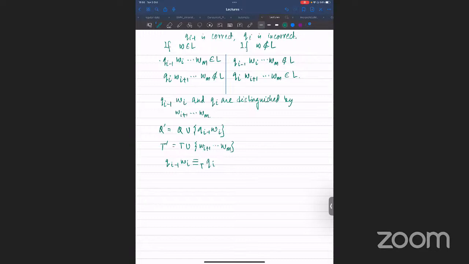It was closed because of the closure, since Q is closed with respect to T. Is it okay? But Qi minus 1 Wi is not T union this new string.